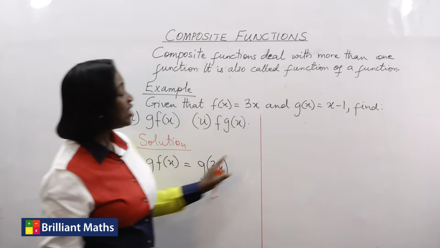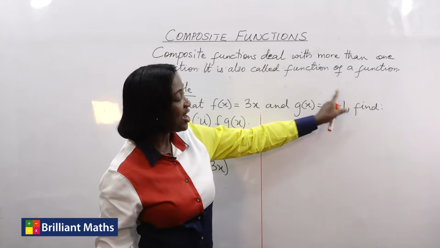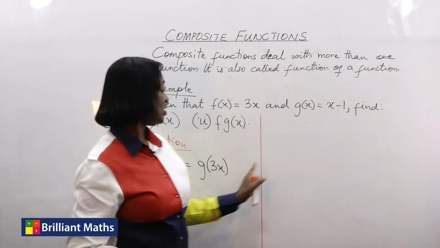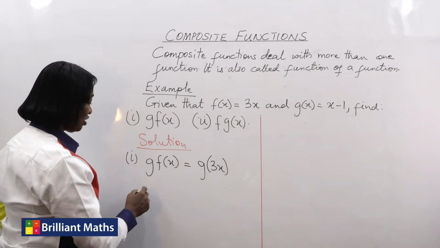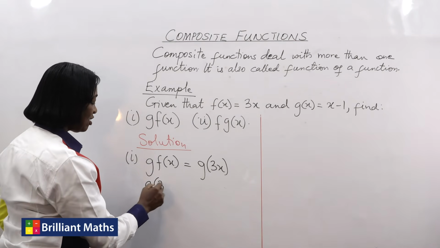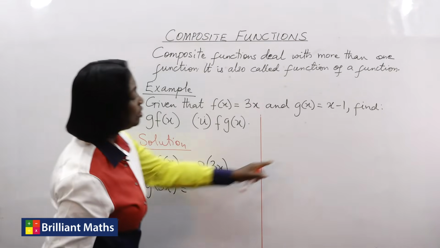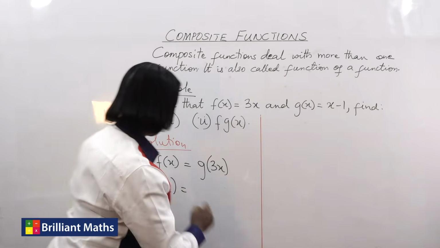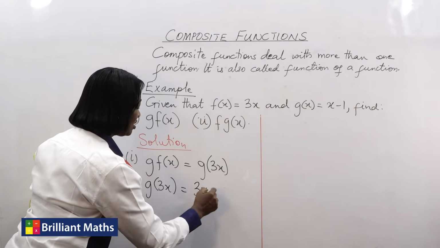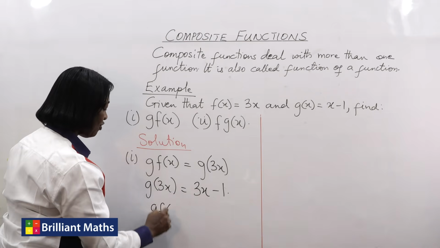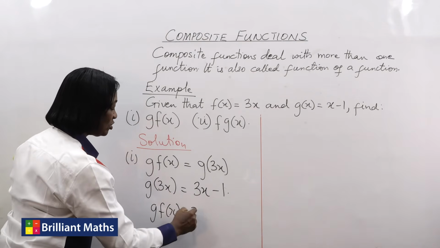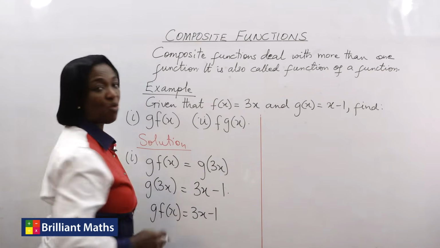So in the function g of x, anywhere you find x, replace it with 3x, and that will be the answer. So g3x will be equal to x minus 1 becomes 3x minus 1. So g f of x is equal to 3x minus 1.